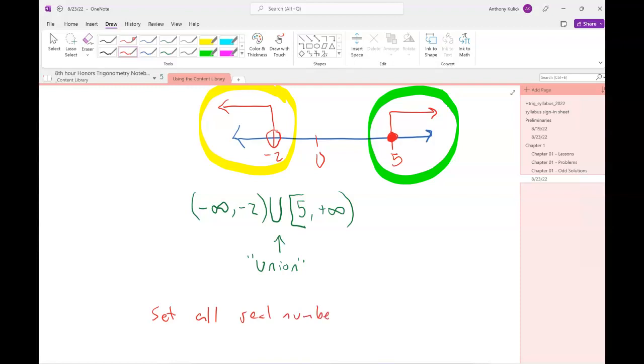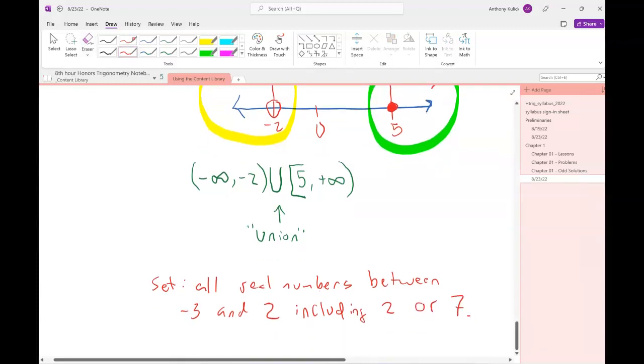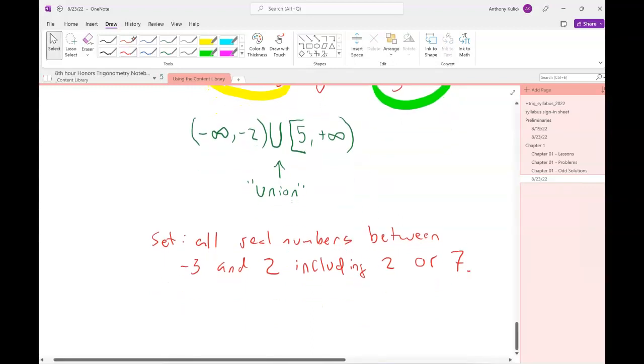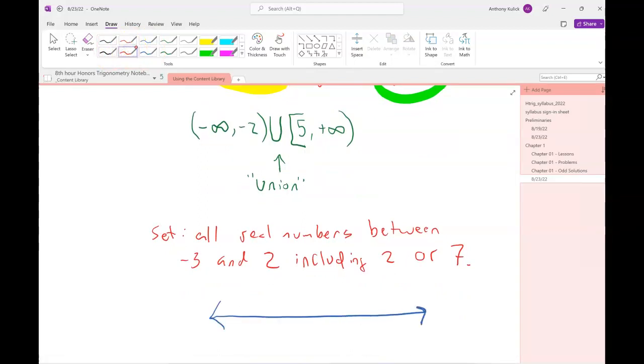So let's say the set is all the real numbers between -3 and 2, including 2, or 7. So let's draw our number line.